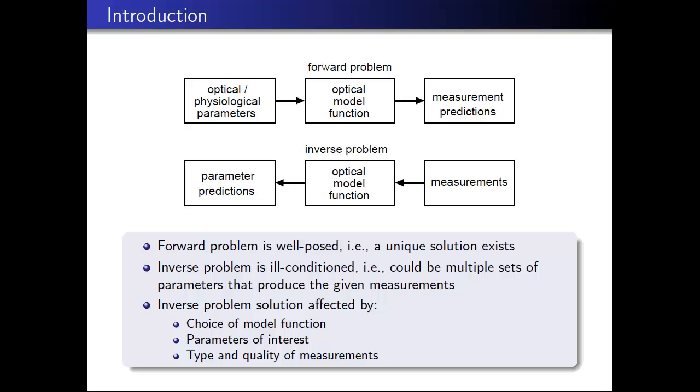But the inverse problem, in which you start with these measurements, you use this model function to produce parameter predictions, as we have discussed, can be ill-posed. And the success of this inverse problem solution is affected by the choice of your model function, the parameters that you're looking for, and the type and quality of the measurements that are involved.